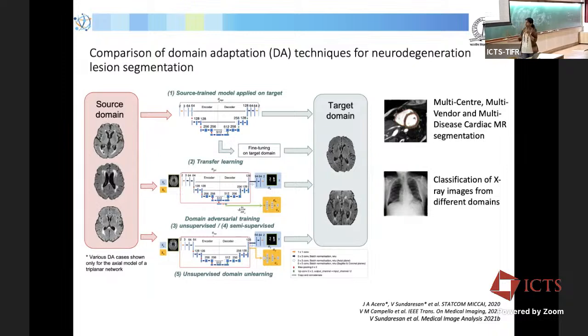And we again applied this method, the third method, on 2 more applications: multicentric cardiac image segmentation, and also classification of chest X-rays, normal and abnormal X-rays. It worked well. Basically, we got this data from, if I'm not wrong, I think 6 centers. So it worked well on most of the centers when we applied this method.